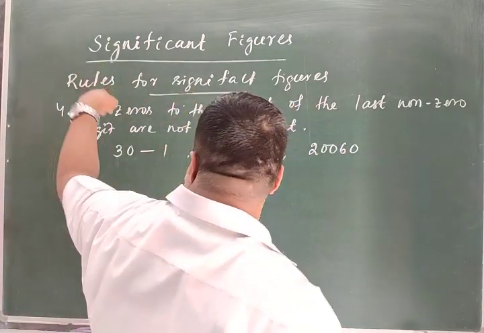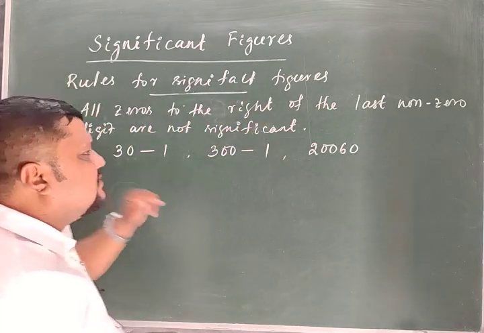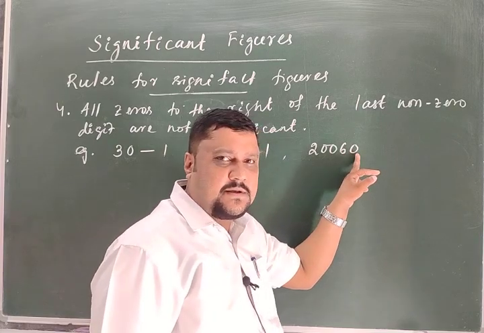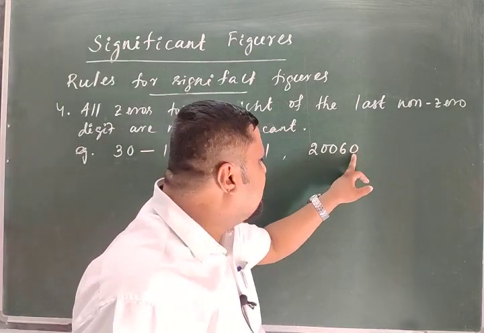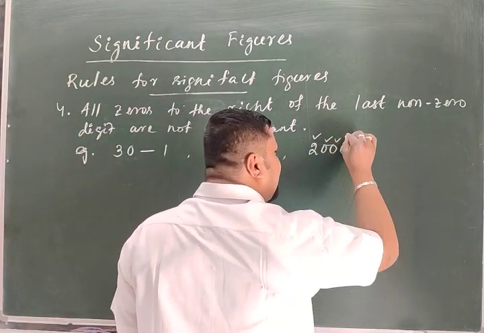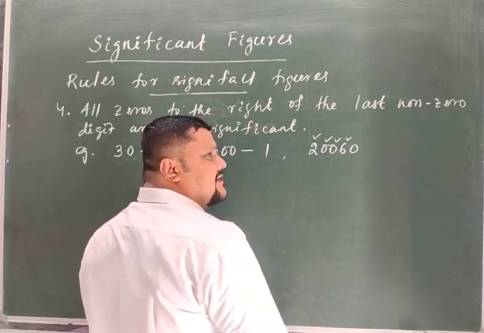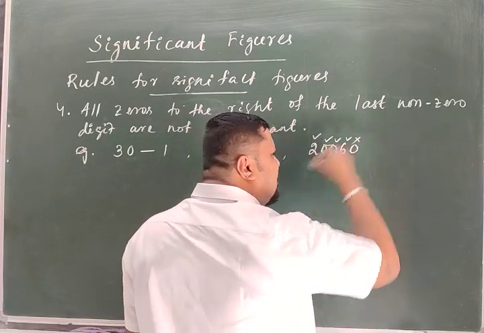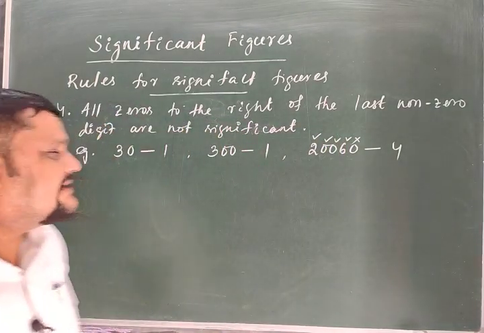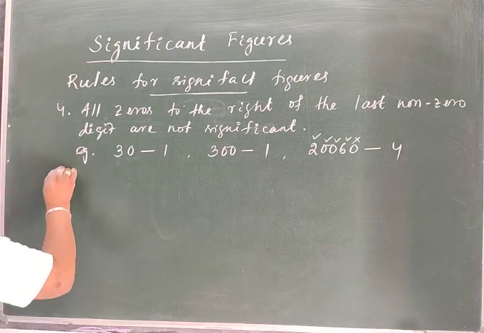But according to rule number 4, the zero to the right of the last non-zero digit is not significant. So the significant figure you will write as 4. This says rule number 4. Okay, clear?